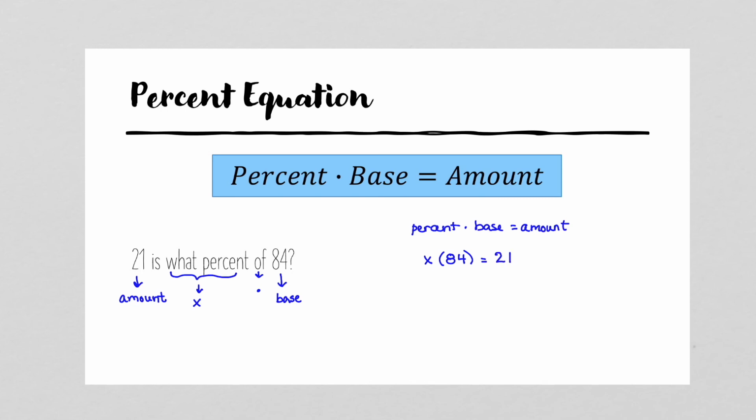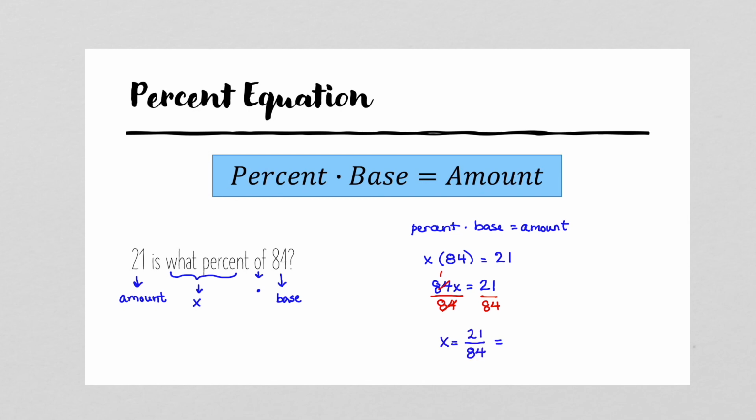Let me rewrite that to make it a little more friendly algebraically. In other words, X times 84 is just 84X. And so now I'm going to solve for X. And to solve for X, we're going to divide both sides of our equation by 84, so that I have that X is actually 21 divided by 84.